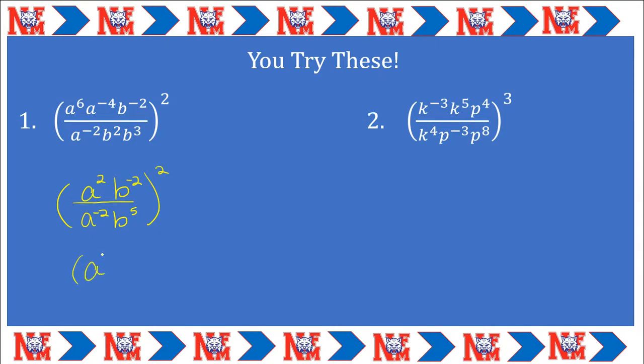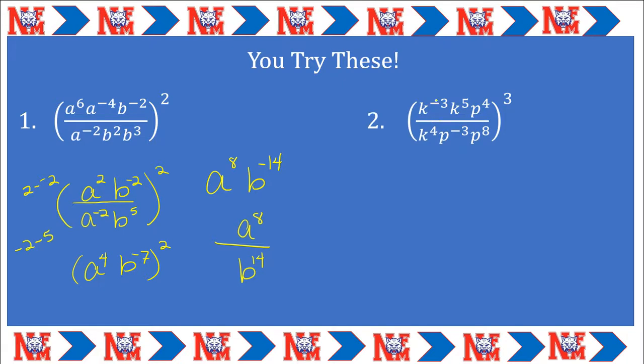I have a to the 4th because it's 2 minus -2. And then I have b, -2 minus 5 is -7, all raised to the 2nd power. I'm now going to multiply by the 2. I have a to the 8th and b to the -14th. We will rewrite the b, put it in the denominator, and make it +14.